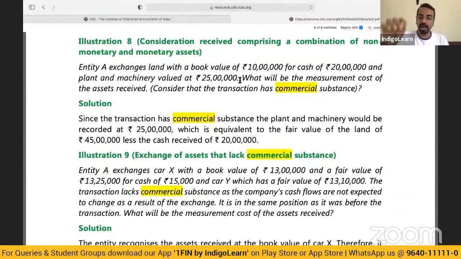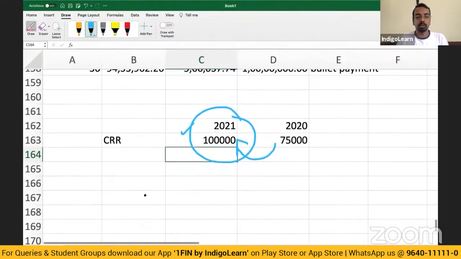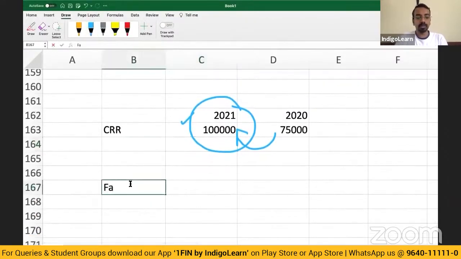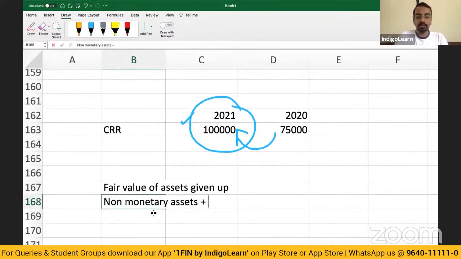They have not given the fair value of land given up, but just to make it very clear, you will always see the fair value of assets given up. I could not locate the exact question in the material, but nonetheless, the concept is fair value of asset given up, which includes non-monetary assets as well as monetary assets.